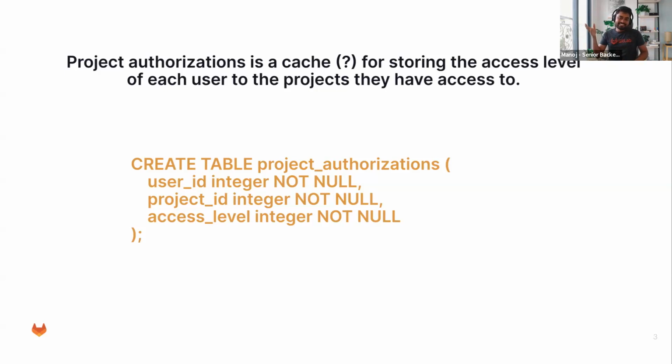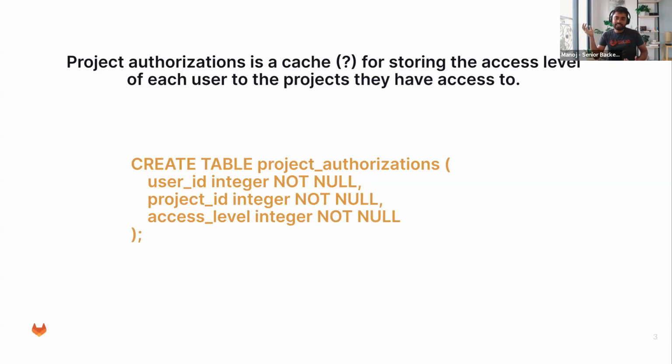But in this case, that's not really happening, because the system runs on the expectation that the value of access level is present in the project authorizations table. So if there is a cache miss, then the whole system goes for a toss. So cache is probably not the right term for it. Maybe we can call it a pre-computed value. But for simplicity's sake, we can assume it to be a cache.